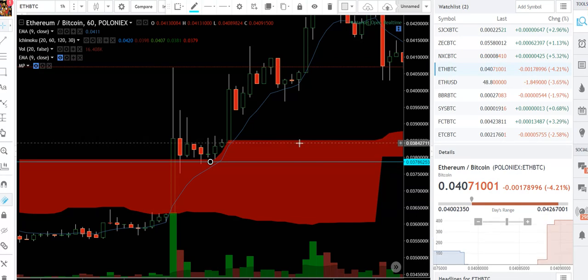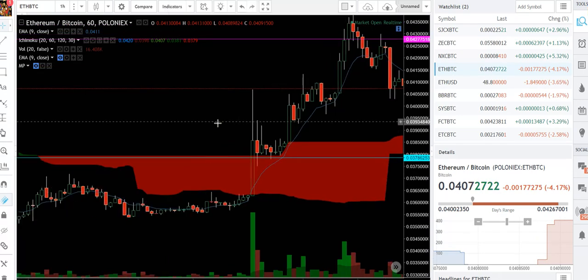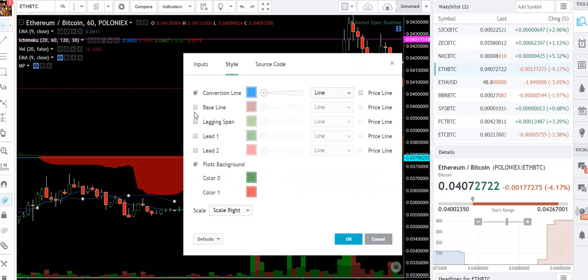Okay, so like I said when we first started talking about the cloud, there's a ton of other things that you guys could research on your own and see if it's what you want to use with the cloud. That's how all these lines can give you an indication of a trade.